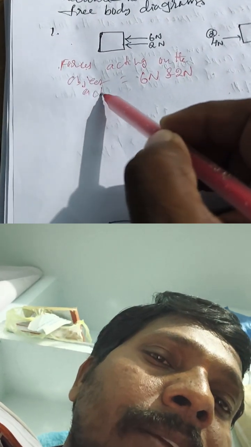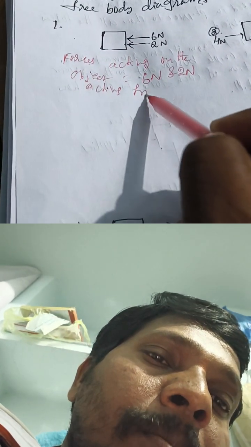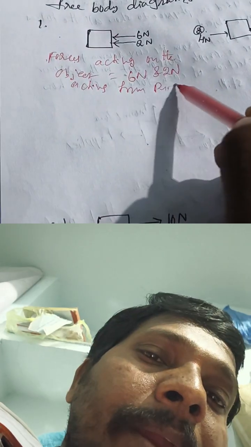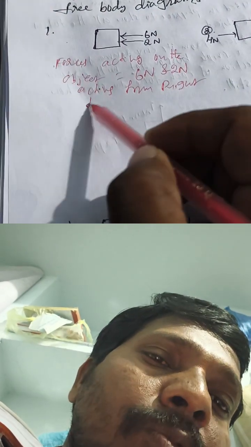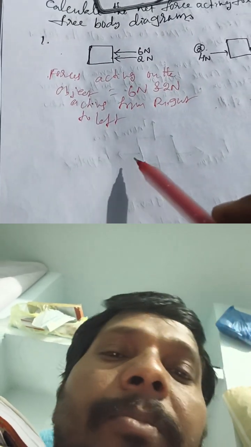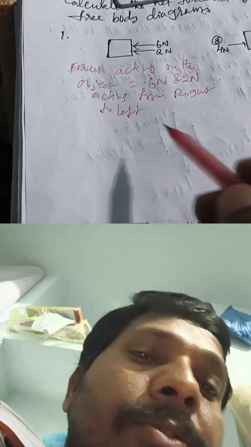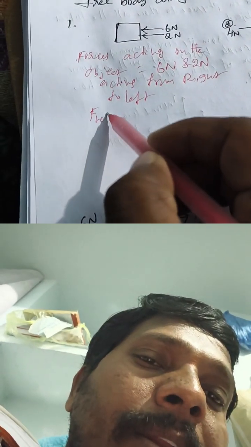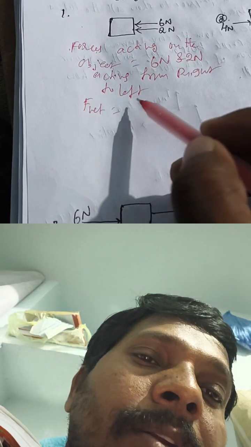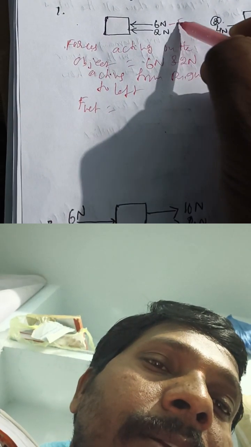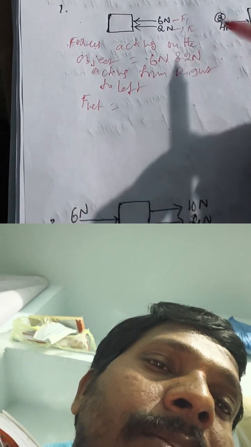So acting from right to left. Let us calculate F net or resultant force. Let us consider one as F1, the other as F2.